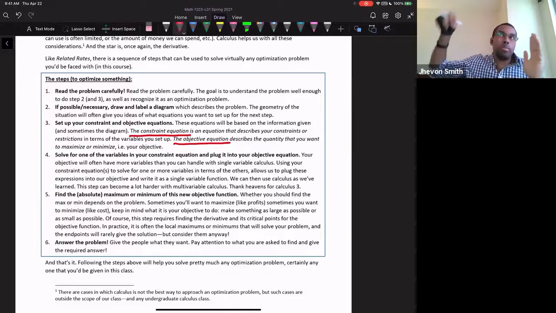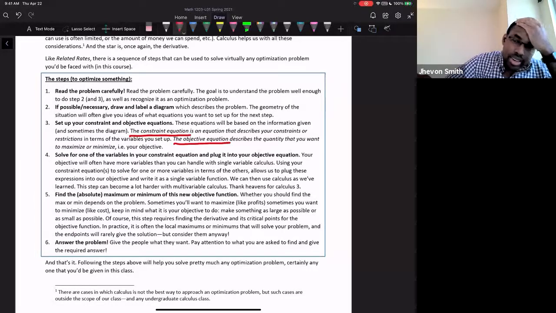So the maximum or minimum might show up on the endpoints. That being said, in a class like this, that is rarely the case. You might see that in homework in a few odd examples, but chances are you're looking for the relative max and min. But technically, you should be finding the absolute max and min. But usually, it's going to be equivalent to the relative max or min. So you're going to do the first derivative, find critical points, all that good stuff.